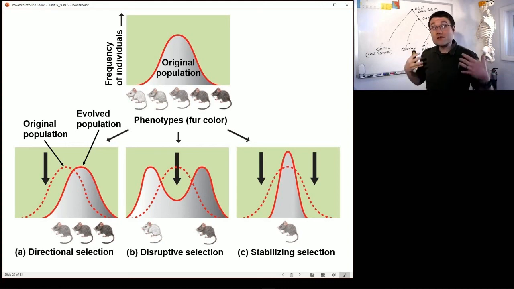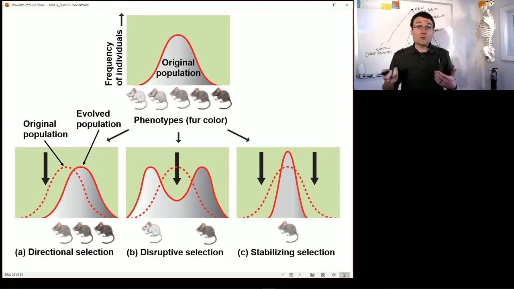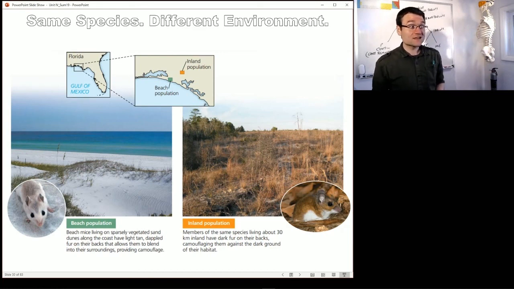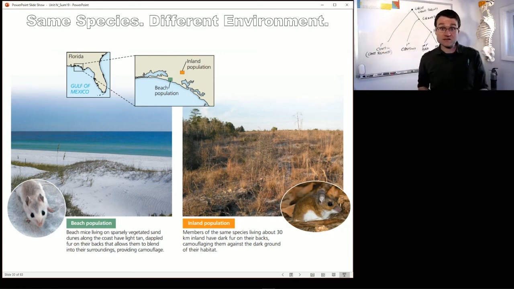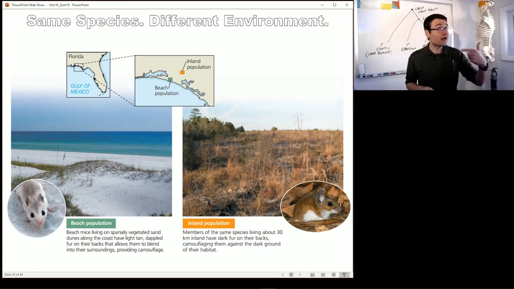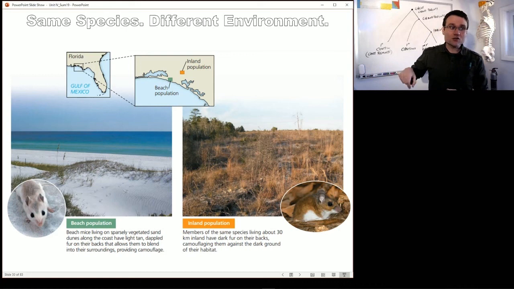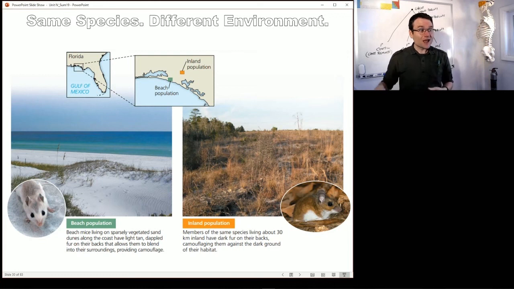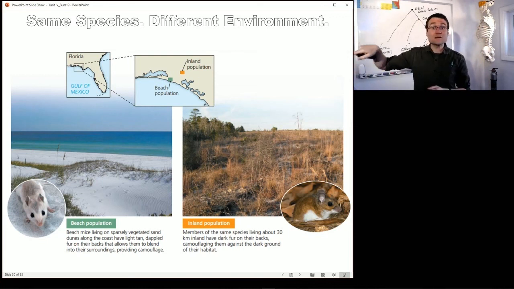And this is not purely hypothetical either. We've actually seen this kind of thing happening with real-world populations of mice. These 2 mice are of the same species, but different subspecies, and they're found in slightly different environments that are adjacent to each other. Here you can see that there's an inland population that lives in these dry, grassy areas, this orange, dried-out grassy vegetation, and their fur allows them to blend in pretty much perfectly with that environment.